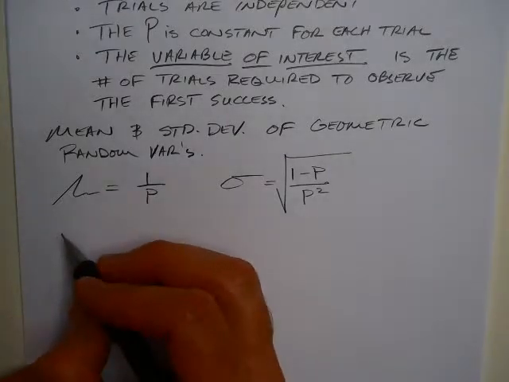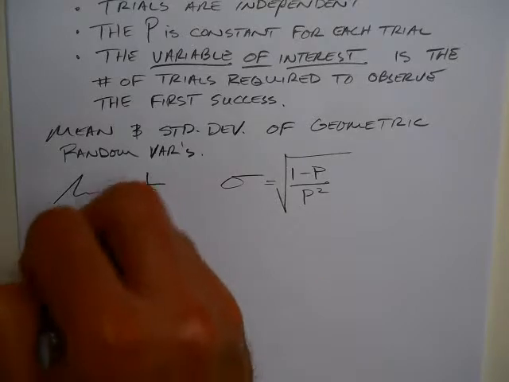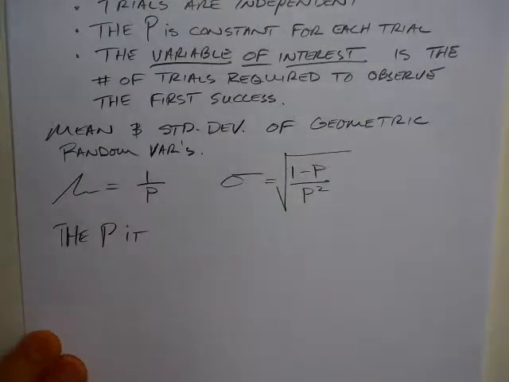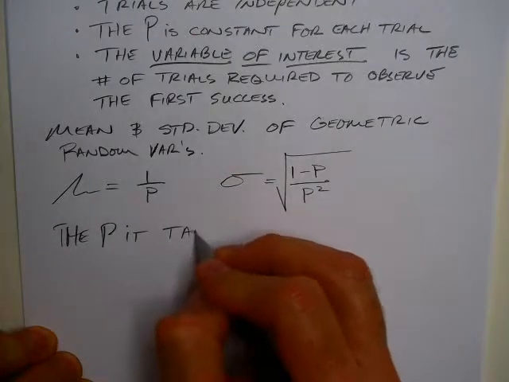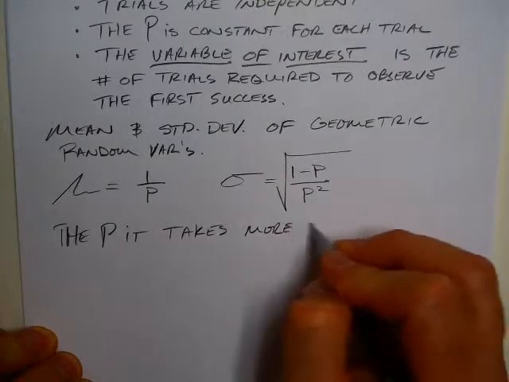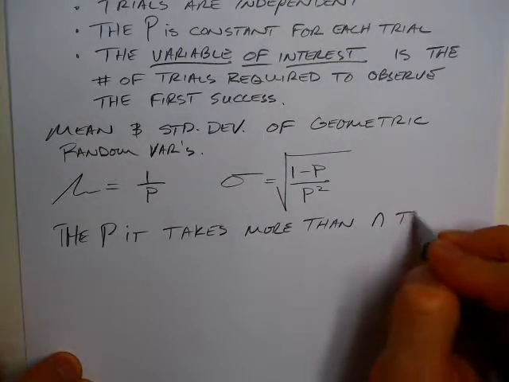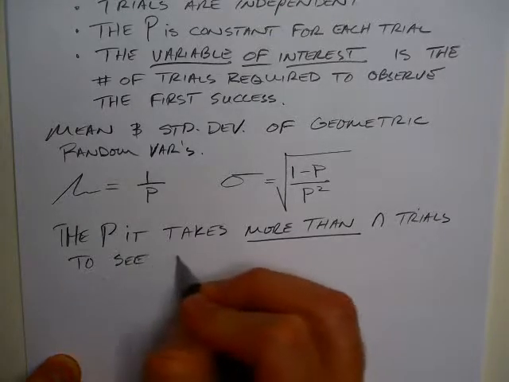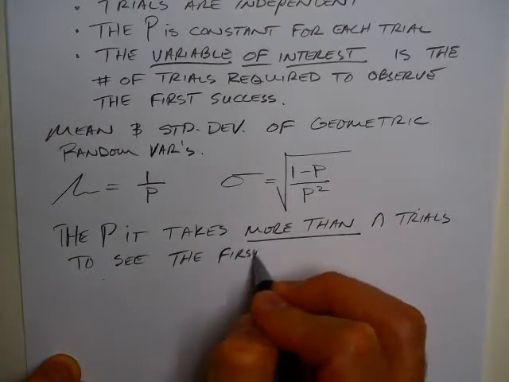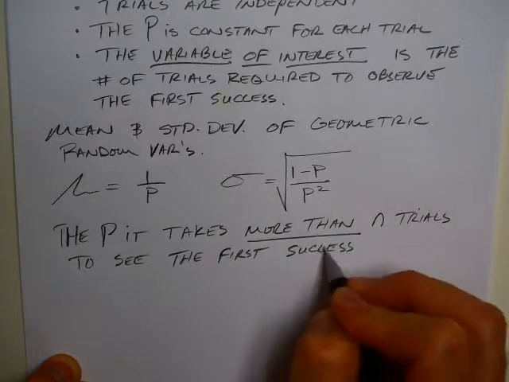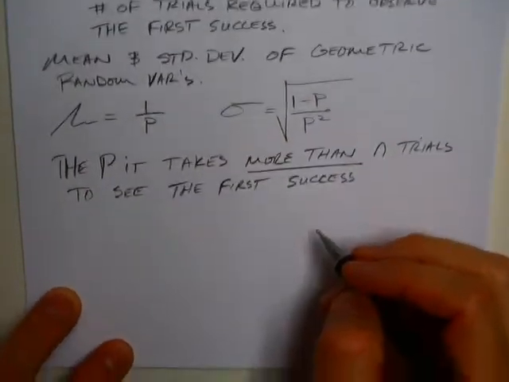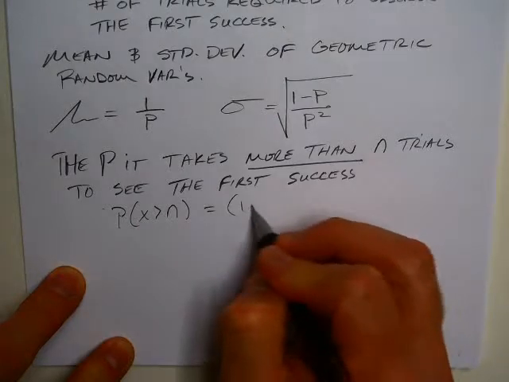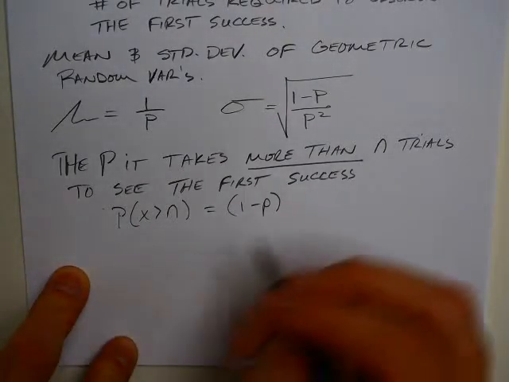So, one other thing, the probability it takes more than n trials to see the first success is: probability x is greater than n equals 1 minus the probability that the event occurs to the nth power.